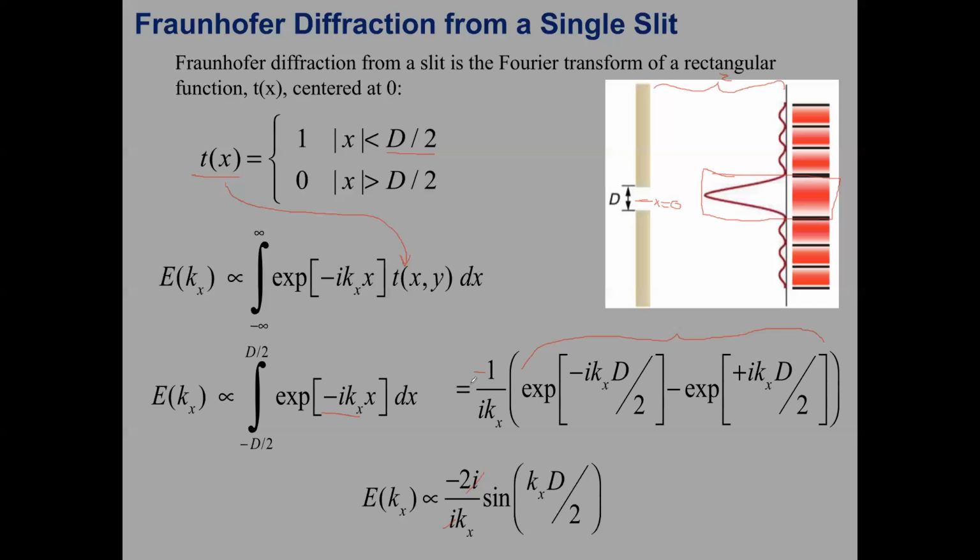So the next step, now that we've solved the integral and we have the function of wave vector component, is to replace the component in terms of the coordinate on the viewing screen. So on the next slide, I'm going to take this formula that we found, which is going to be right at the top.